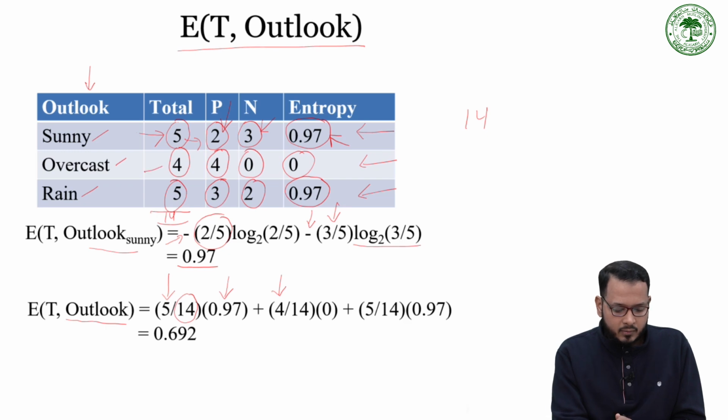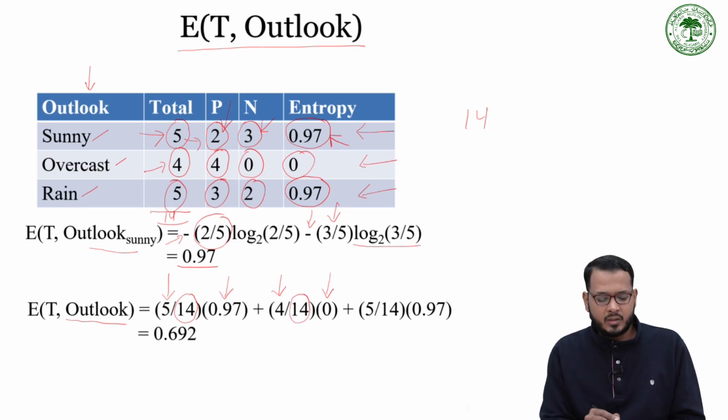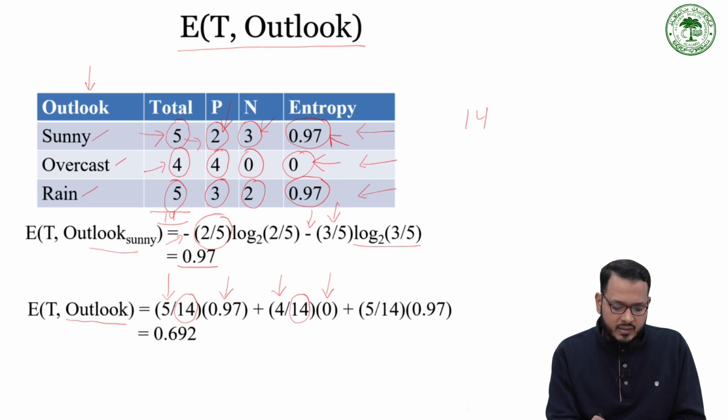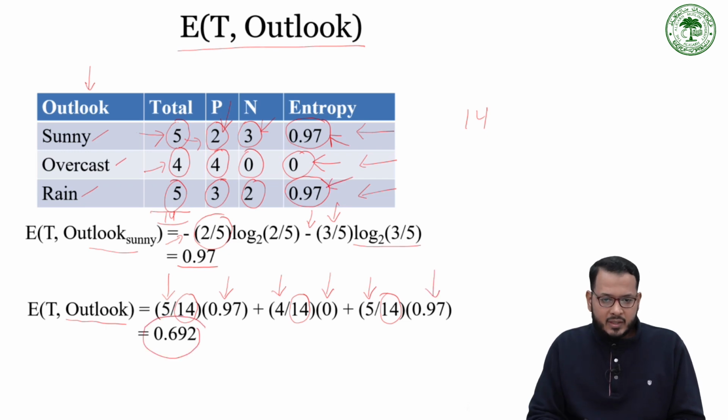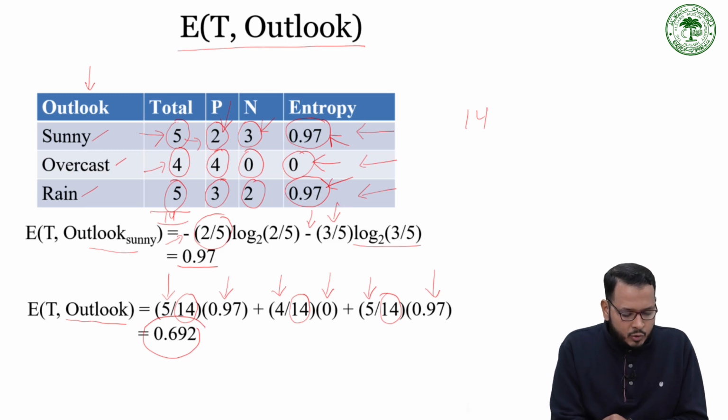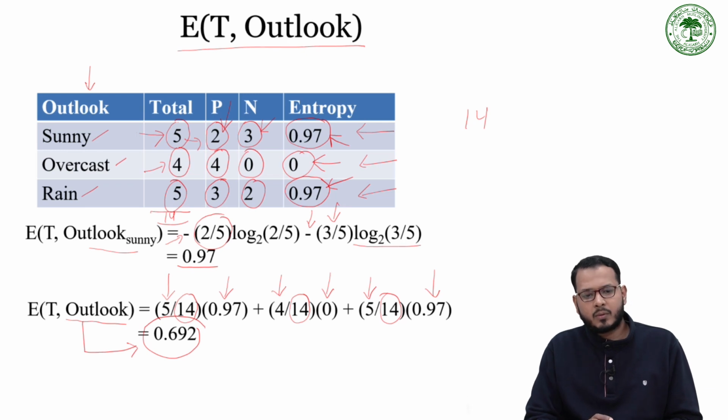We know they are 4, divided by the total number of examples, which are 14, multiplied by the corresponding entropy, 0, as we can see here, plus the portion of Outlook being rain divided by the total number of examples, multiplied with the corresponding entropy. When we calculate, it turns out that the entropy of the attribute Outlook is 0.692.